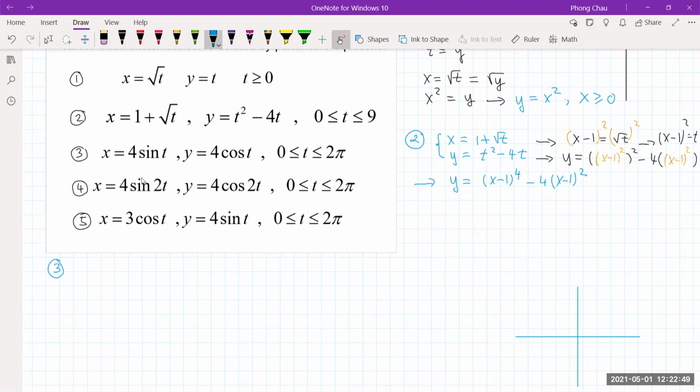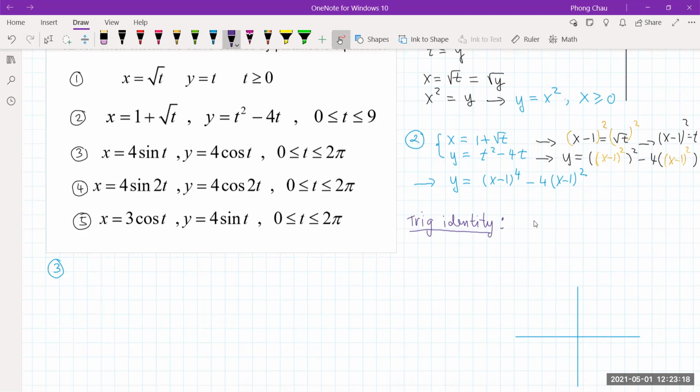So 3, 4, and 5 all have sine and cosine involved. So when you have that, we will be looking to use this trig identity. It's a quick identity that we're going to use. Which identity involves cosine and sine?